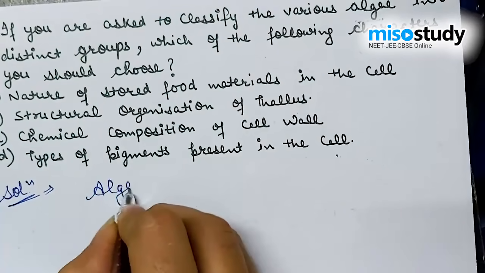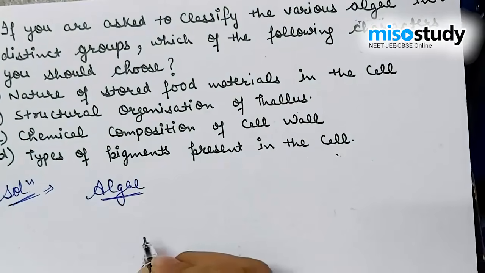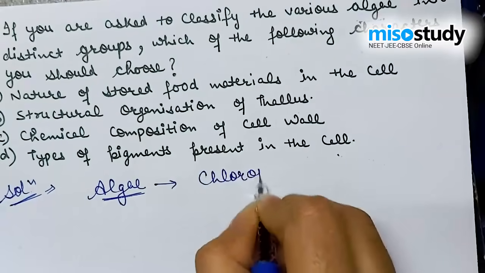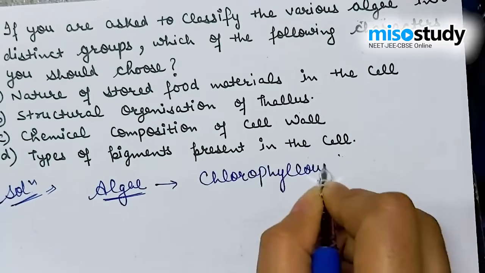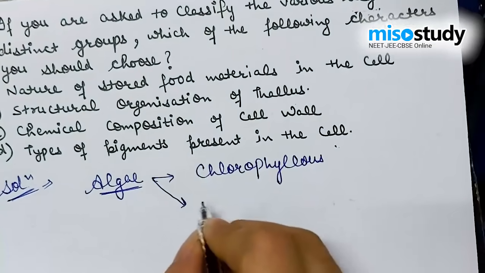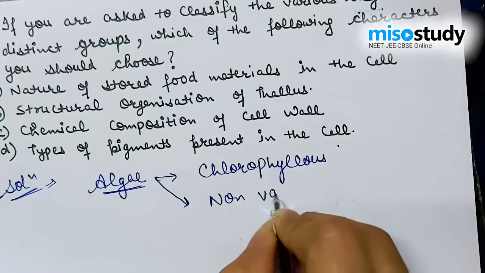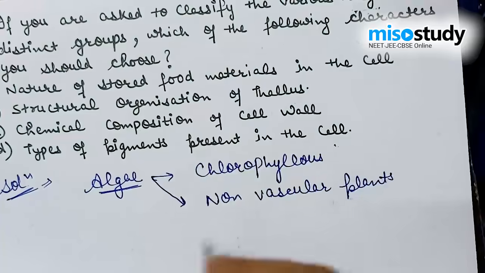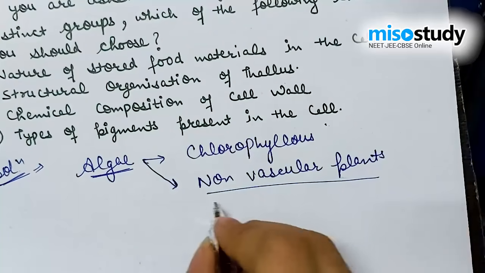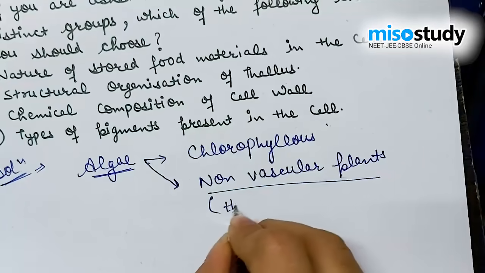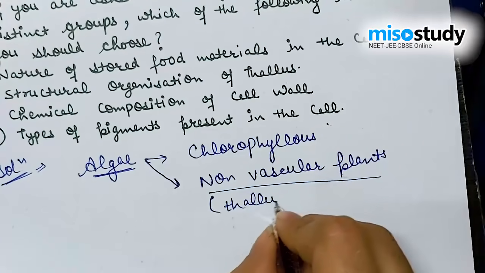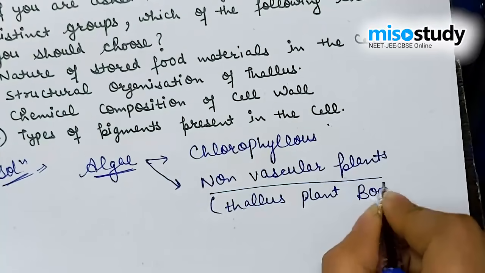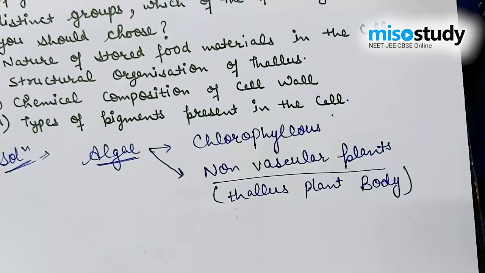as we all know about the algae. First of all, we discuss a few characters of the algae. We all know algae are chlorophyllous. Apart from that, they are non-vascular plants which have a thallus plant body.